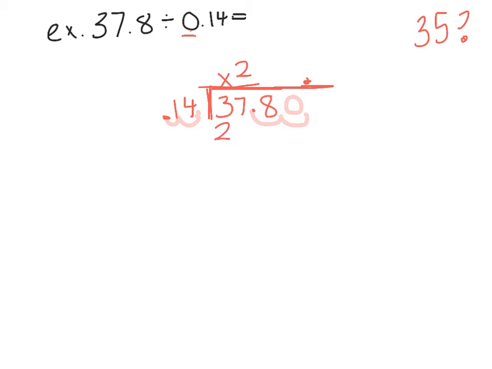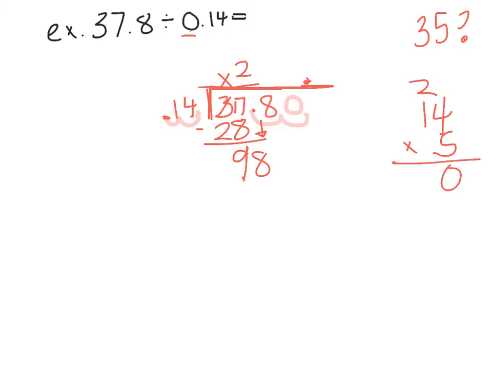2 times 14 is 28. I don't know all of my 14s, but I do know that. Okay, that's 9. Now, I bring down the 8. 14 goes into 98. How many times? I don't know. Let's try 14 times 5. 70.